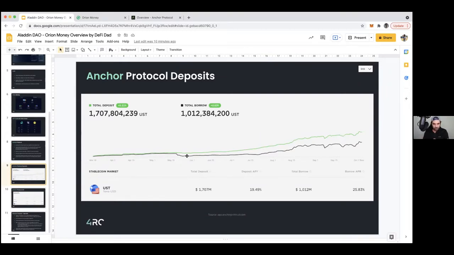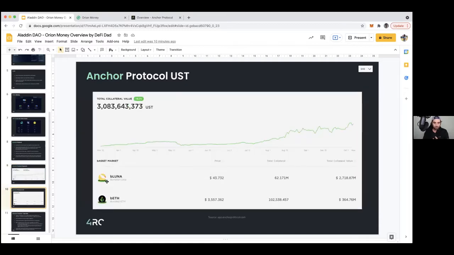Oh, I'm sorry. Actually, I think I'm looking at the wrong thing here. Oh no, yeah, this is it. This is March 18th, 2021. So we've continued to see this premier collateral deposited, which at this point is Luna and bonded ETH, or just think of it as a liquid staking derivative of ETH.